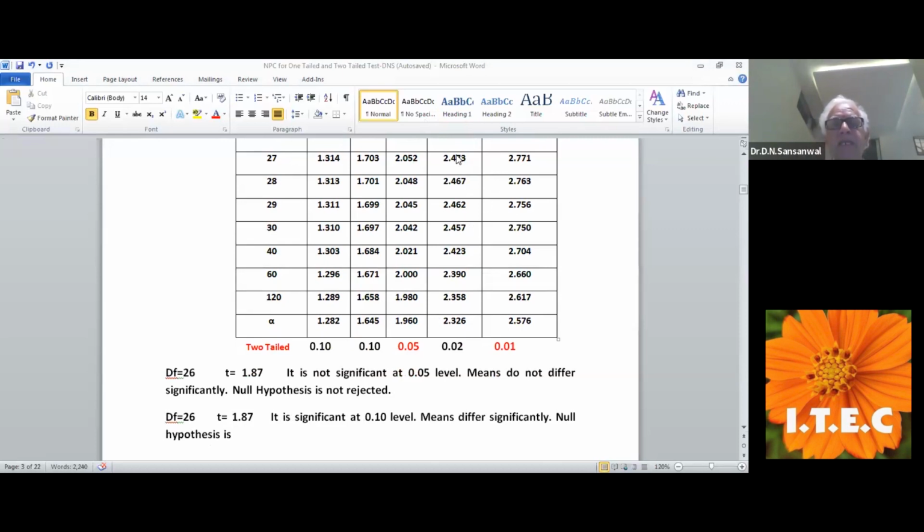I'm explaining it to Gaurav. So therefore, it is rejected. Please see, Gaurav, in reality the null hypothesis should not be rejected, but the researcher decides to reject it, which is called type 1 error.